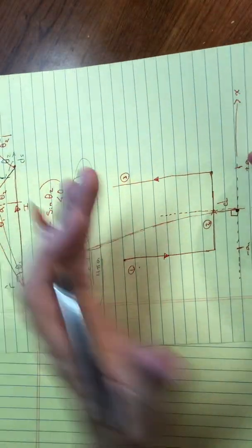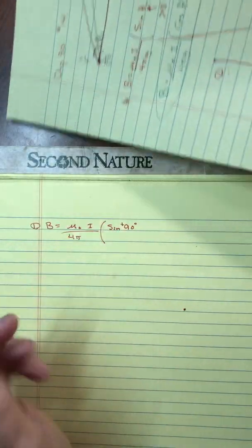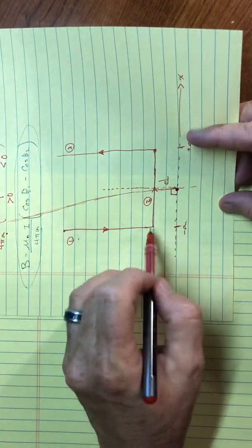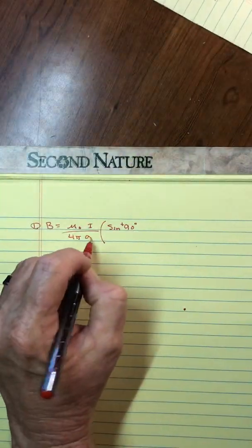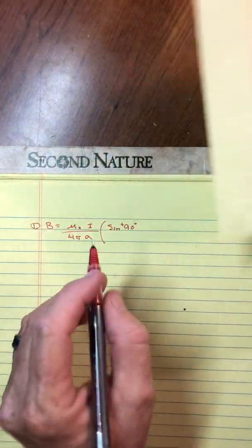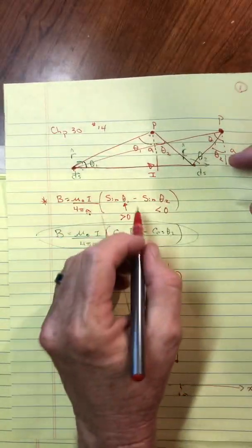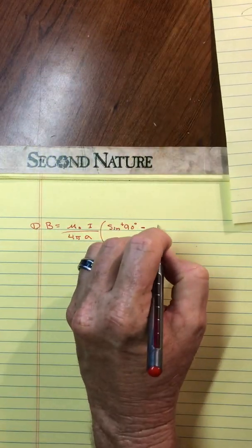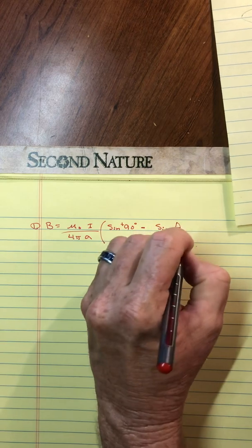And it swings in a clockwise direction, so it would be a positive 90 degrees. And then the perpendicular distance is that A, and so I'll put an A there. So the perpendicular distance is that A, sine of 90. Okay, then minus the sine of, and this would be theta 2.